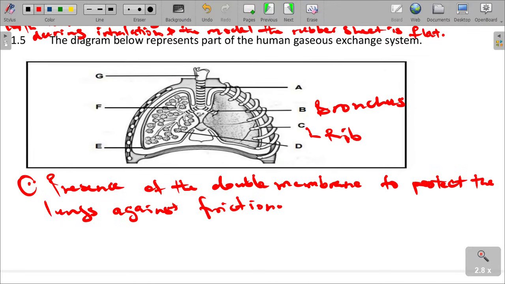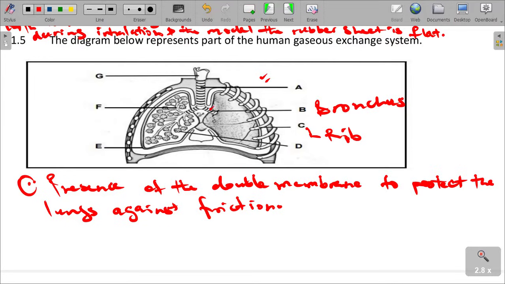We have also the trachea and the bronchi, breathing muscles and intercostals. They allow movement of air in and out. As you can see here, we have the trachea there. We also have the bronchi, which we also see here.